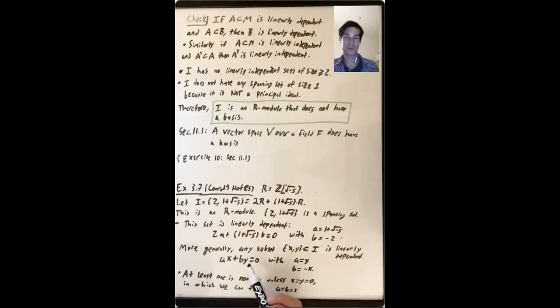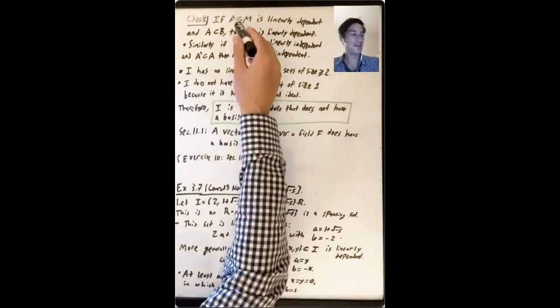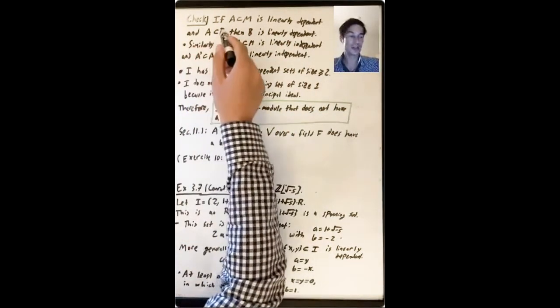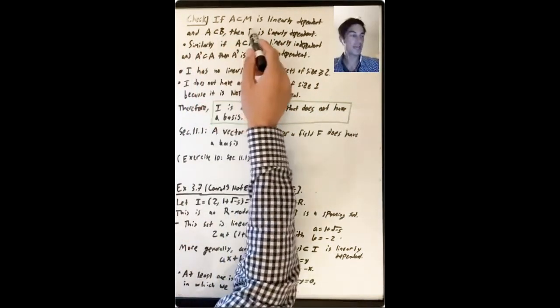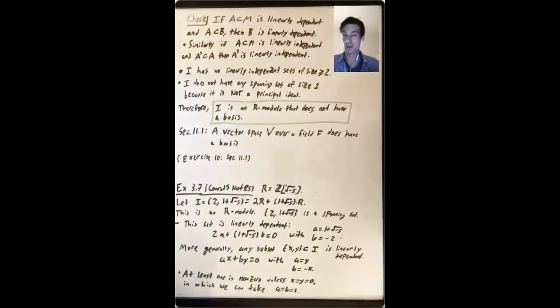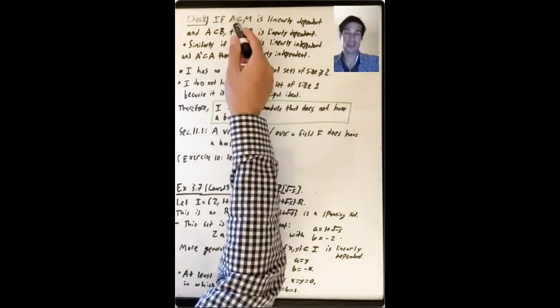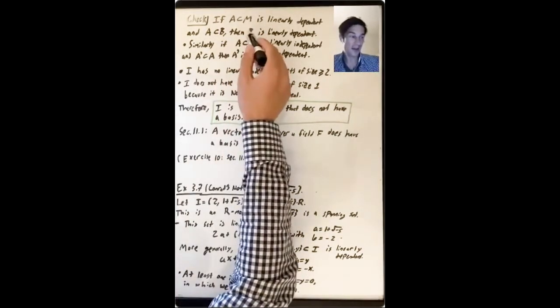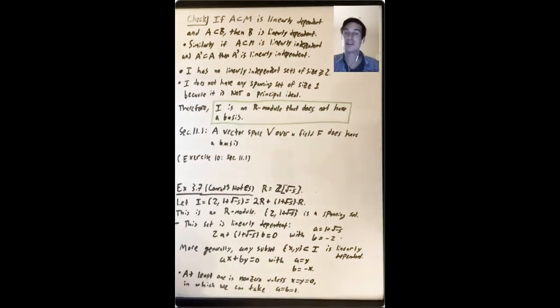So I've first written up here something that I said out loud, that if you have a subset A in M that's linearly dependent, and then a larger set B containing A, then B is also linearly dependent. Why is that? If you have a non-trivial linear relation among the elements of A, certainly you still have all the elements of A in the set B, so you do have a non-trivial linear relation among the elements of B. Just take the ones that are already in A, that linear relation you already have.